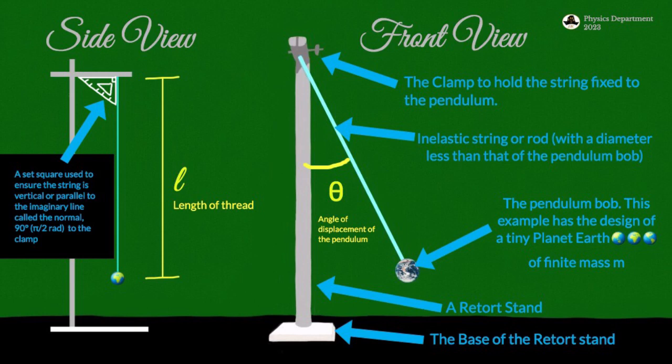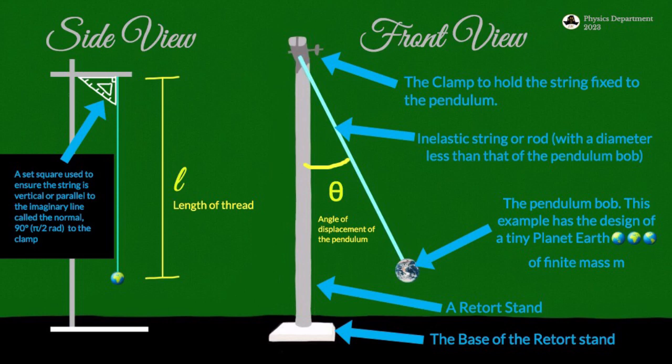And then if you look at the side view, we have that triangle there with a right angle, which we use. It's called the set square. It's actually in the form of a triangle, or it can be in the form of two rods that are perpendicular to each other, so that you form that right angle.